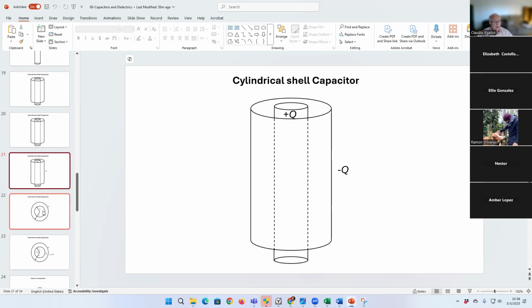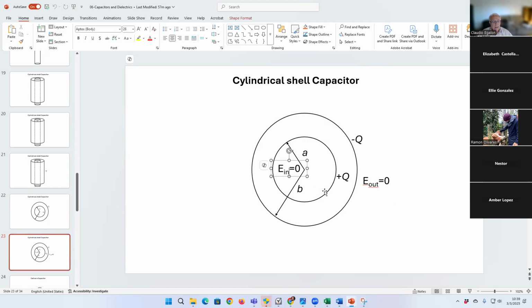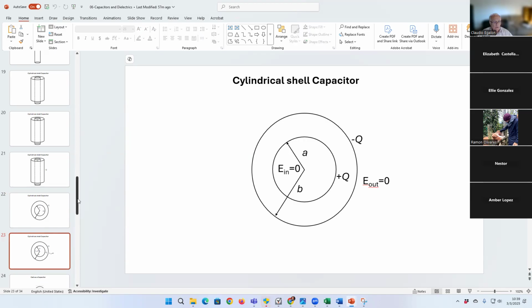Here is the cylindrical shell capacitor seen from the top. We do have an electric field on the inside between the shells, but no electric field on the inside or outside. The electric field is going to be 0. That's why I put E in equal to 0.